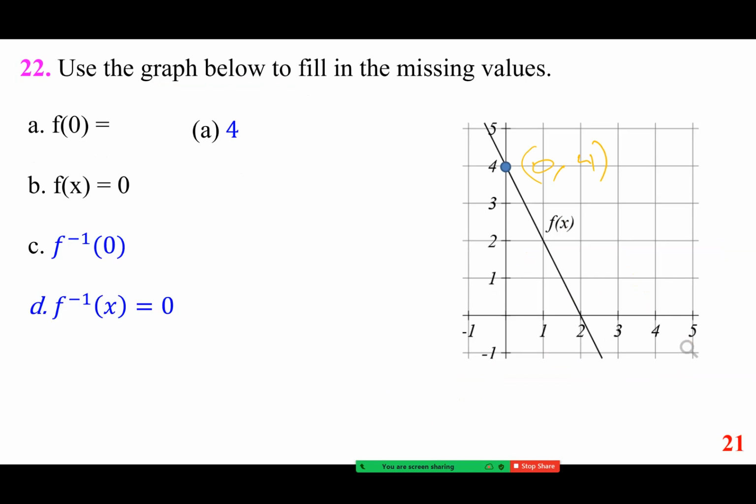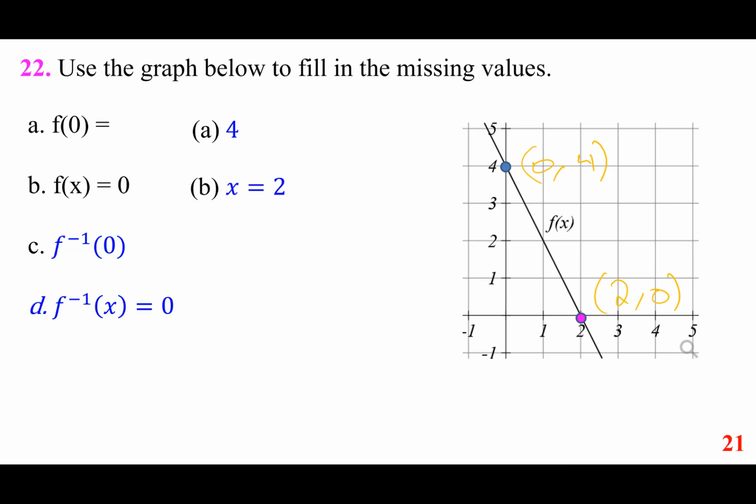Now, f of x equals 0. That means where is the y 0? That means this pair having coordinates 2, 0, x becomes 2. So that's pretty straightforward.